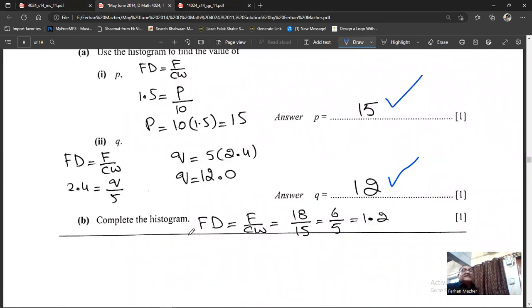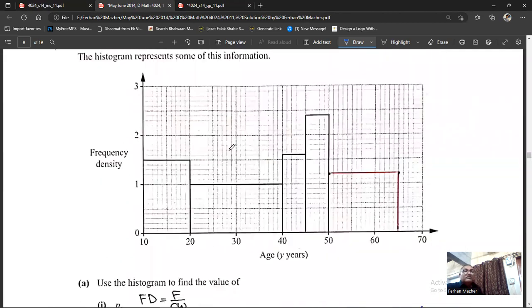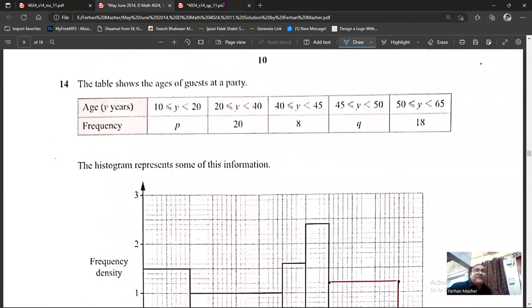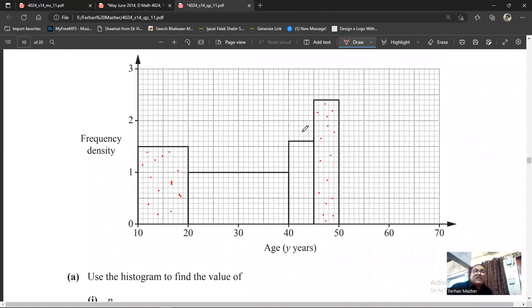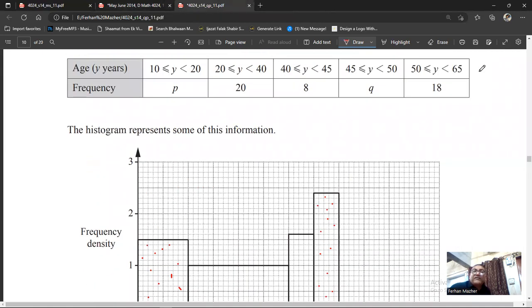Hopefully you understand. Then he says complete the histogram. The histogram for the last class is not there. So the last class is from 50 to 65, the class width is 15 and the frequency is 18. The formula for the frequency density is the frequency divided by the class width.